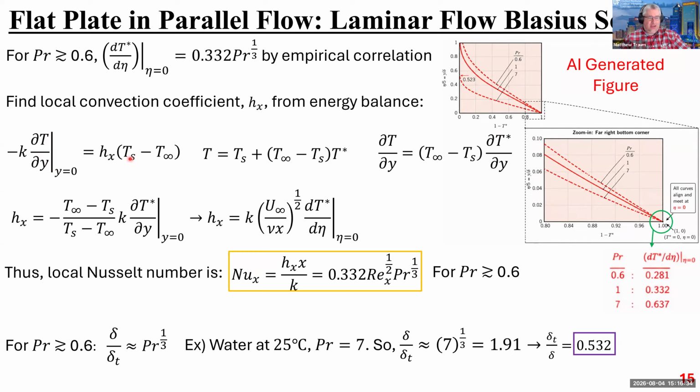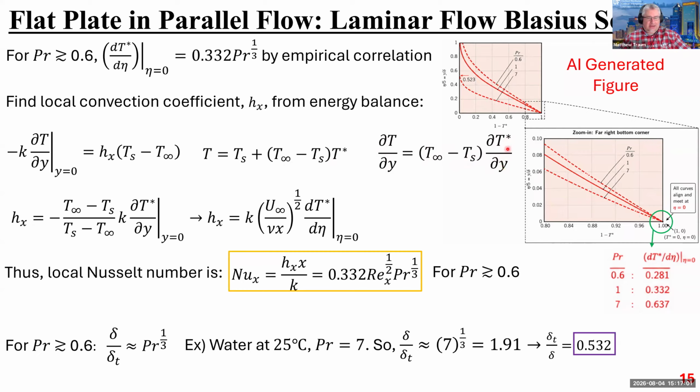First I have to figure out what T is in terms of T star, because I want everything non-dimensionalized. So I'm going to solve for T in terms of T star. Here's my solution. If I take the derivative with respect to y, it becomes T infinity minus T at the surface, multiplied by the derivative of T star with respect to y.